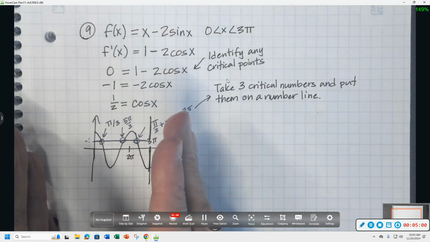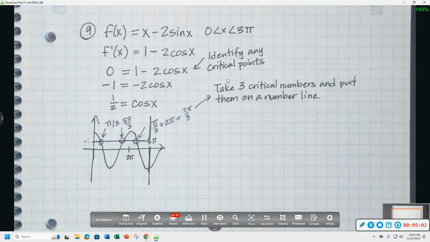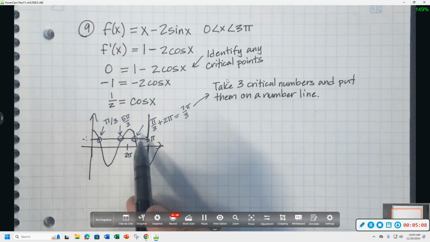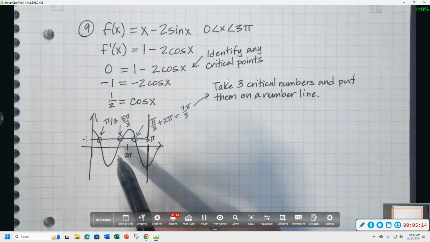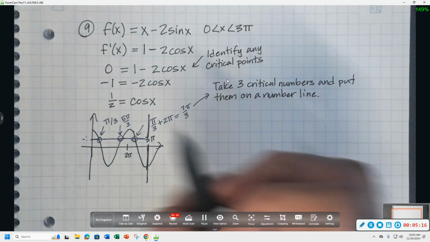Just everybody understand how I'm getting the critical numbers. We understand that it's where the derivative is 0. Got that part down. Are we somewhat confident in how I'm figuring out what those numbers are with the exact values? You're thinking back to unit circle trig, places where cosine is equal to that.